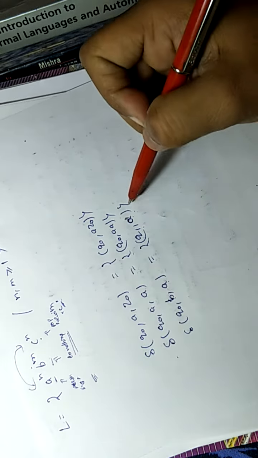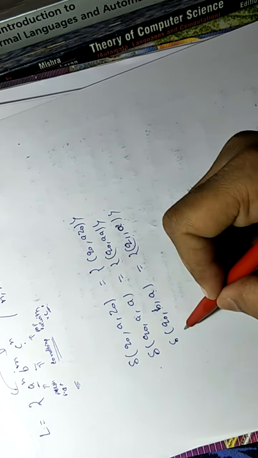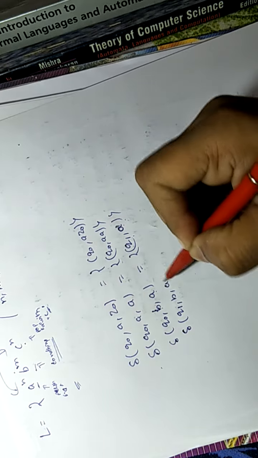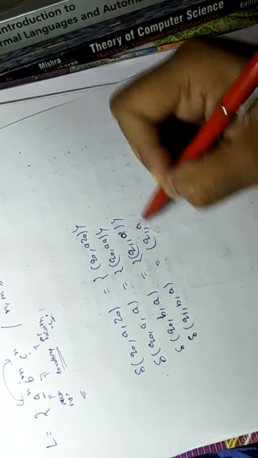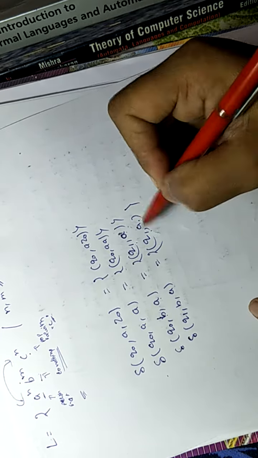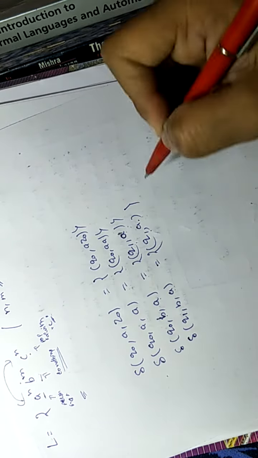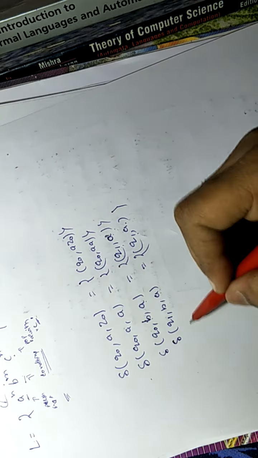Now we will not get any a, we will reach b, so we change the state. Now we have to repeat the do-nothing procedure for every b. We read every b and the state remains q1 only, and a remains on the top. We are not pushing b, we are not popping a. It is do nothing. Now it is a self loop for every b.